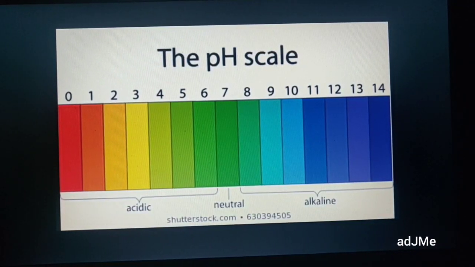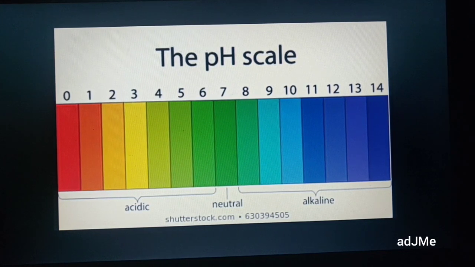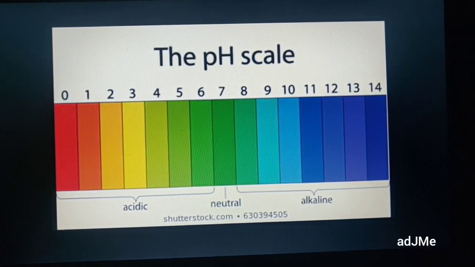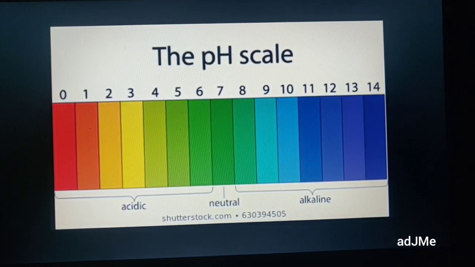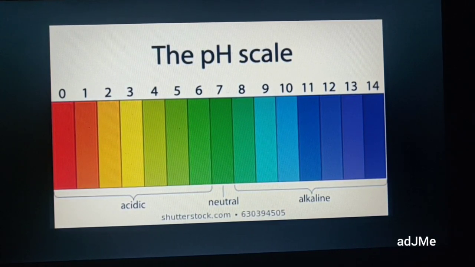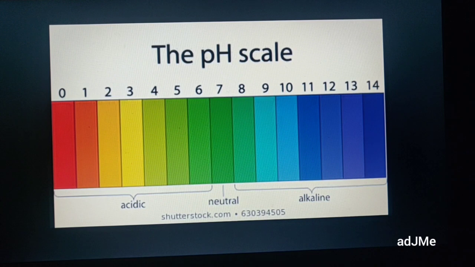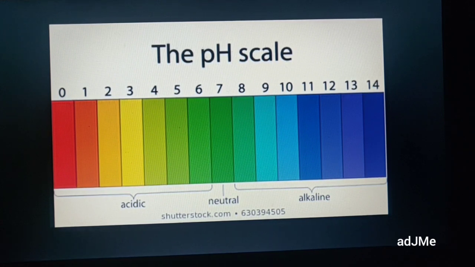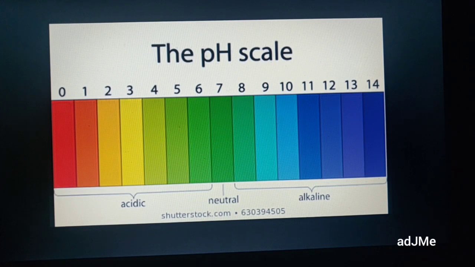Before learning about the other systems, I just want to say a few ideas about the pH scale. pH stands for hydrogen ion concentration, which means the number of hydrogen ions present in a substance, based on which we classify a substance into acid, base and neutral.